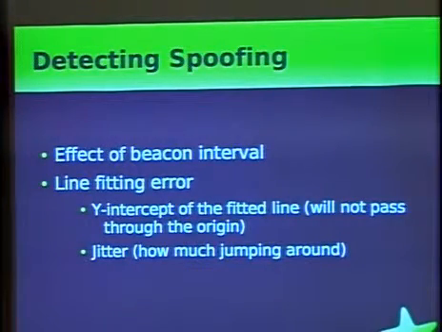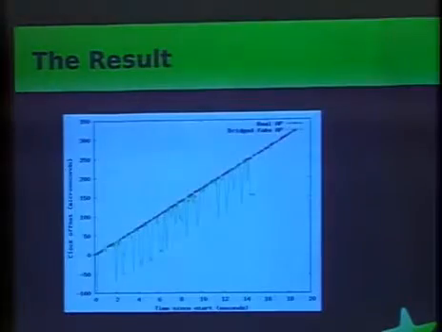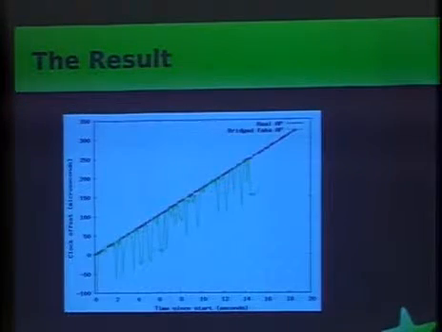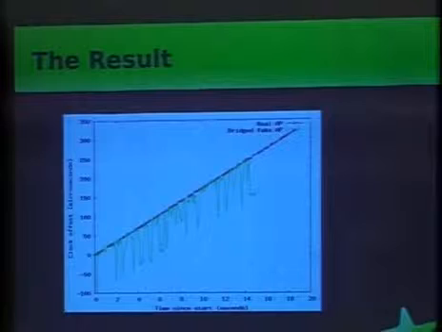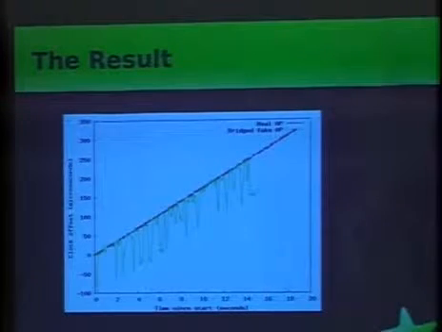So the deal with this is how you detect it. No longer is it okay to just fit a line to the measurement curve. And of course, if I collapse the scale, you will actually see one of those green lines, if that is green. Anyhow, you have to look at the jitter.